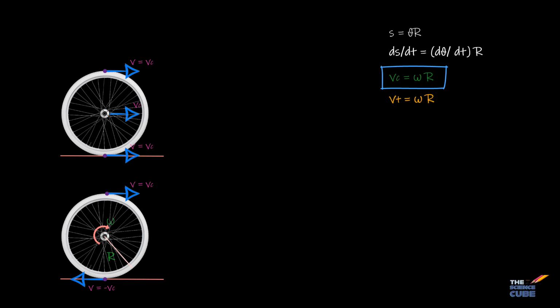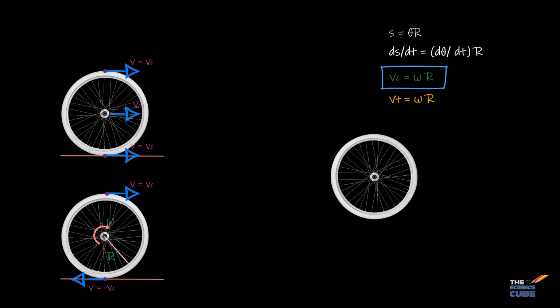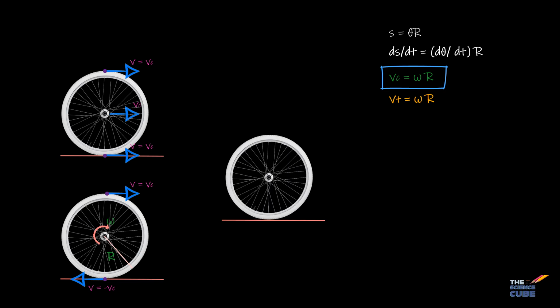Then if we combine these two figures, what we get is rolling motion of the wheel. Interestingly, when you combine these two motions, the part of the wheel at the bottom, that is P, is momentarily stationary, simply because these two vectors add up to give a net zero velocity here.